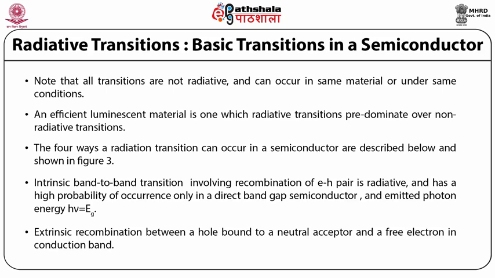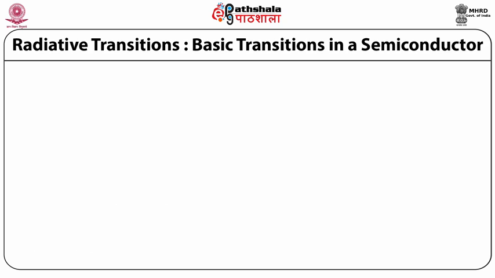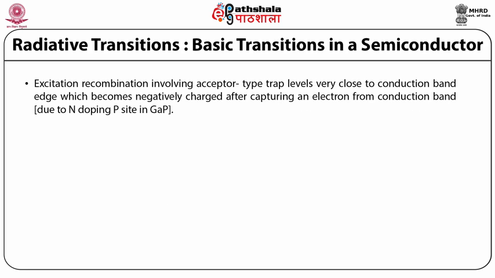Second, extrinsic recombination between a hole bound to a neutral acceptor and a free electron in the conduction band. Third one is the excitation recombination involving the acceptor type trap levels very close to the conduction band edge, which becomes negatively charged after capturing an electron from the conduction band, due to n-doping p site in gallium phosphide.